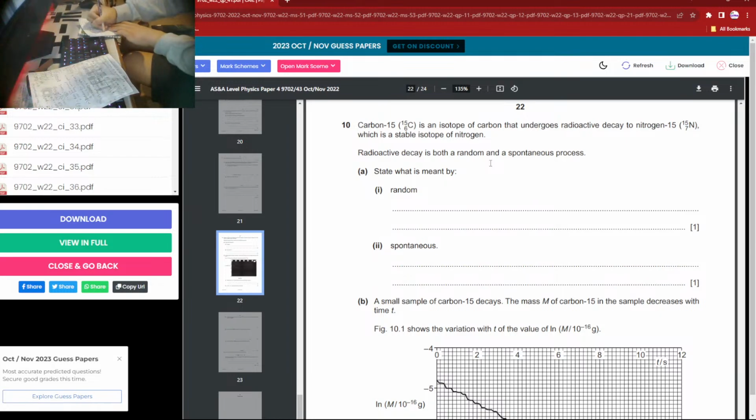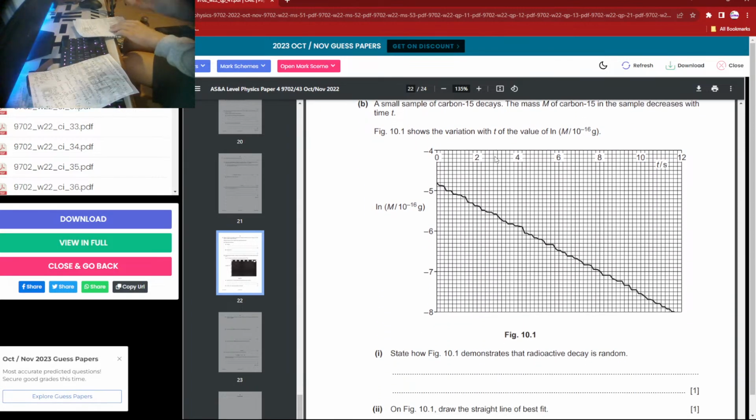Okay, number 2, spontaneous. So spontaneous means it is independent of external or environmental factors.